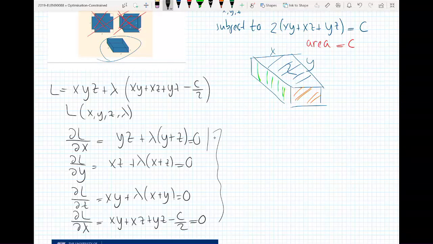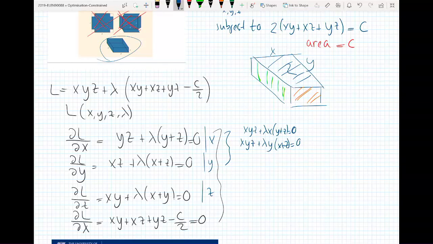If we multiply the first by x, the second by y, and the third by z, then I bring them to a similar form, and then I can subtract them. So for these two, for example, I get xyz plus lambda x times y plus z equals 0, and then xyz plus lambda y times x plus z equals 0.